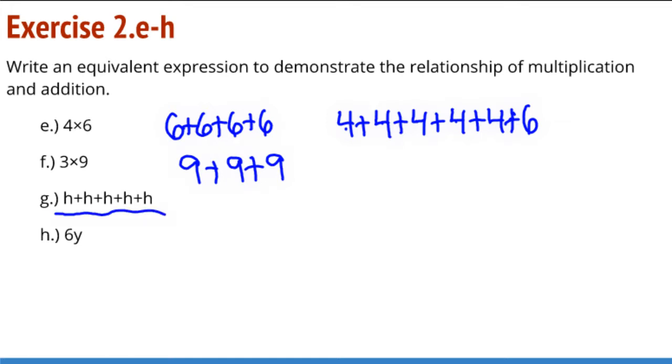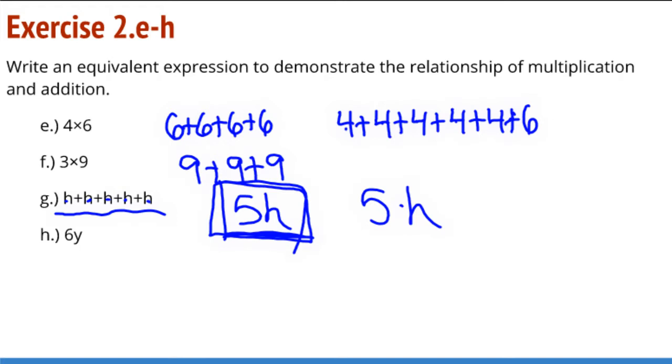Here, a little bit tricky. We've moved into a general situation rather than a specific situation. 1, 2, 3, 4, 5. So I have 5 of whatever h is. So I could write it this way. I could also write it this way, but normally this would be the preferred method right here. We could write it this way.